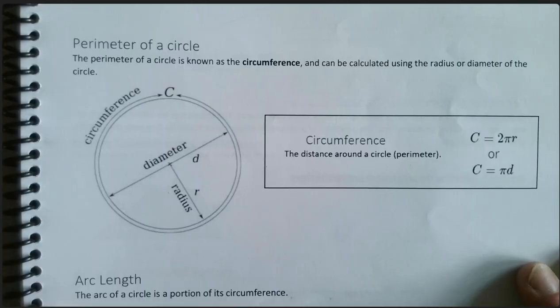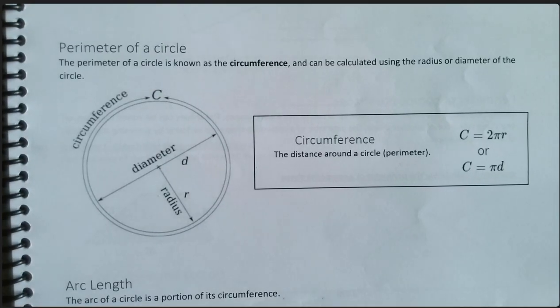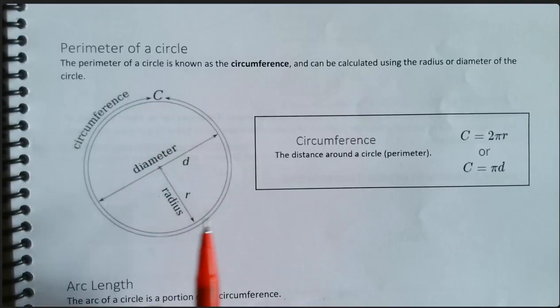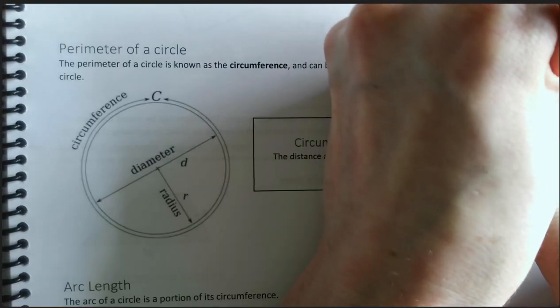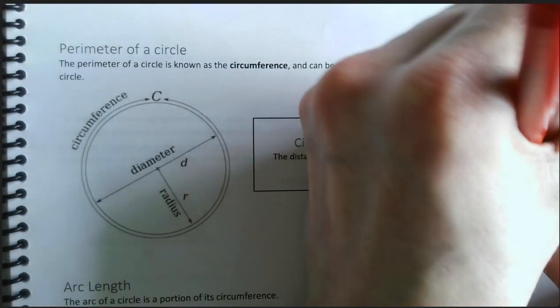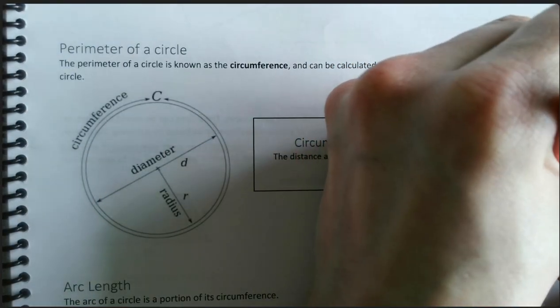Moving on. Perimeter of a circle is known as the circumference of a circle. It can be calculated by using the radius or the diameter of the circle. So this is R, as if it's for the radius. This is for the diameter.